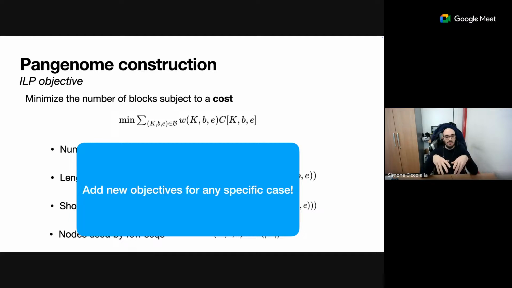So if we have some specific case for which we would like to have a specific function to optimize, we can do so just by changing our objective function cost, while the entire other modeling continues to work. This is quite nice, and it is nice that this can be fine-tuned for each specific case that we want to study.